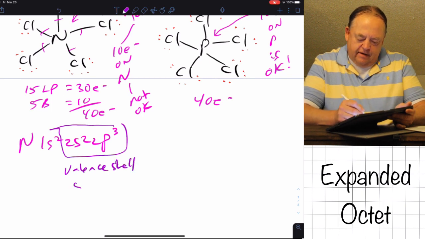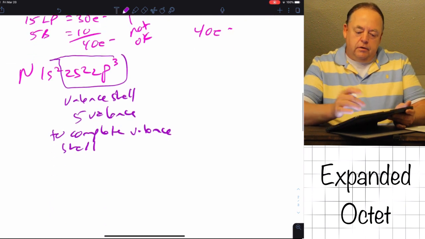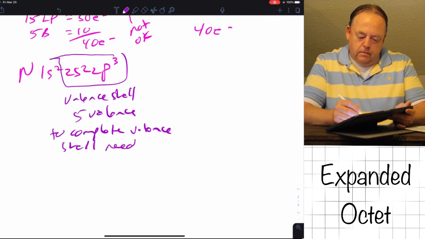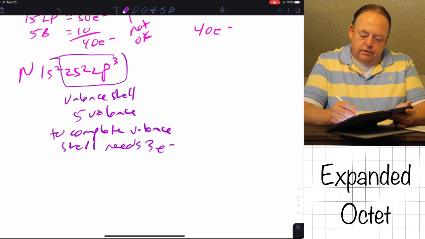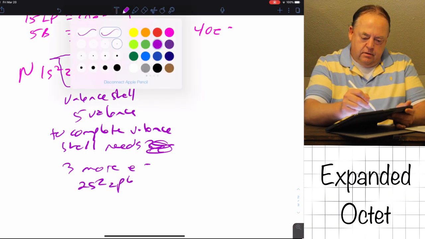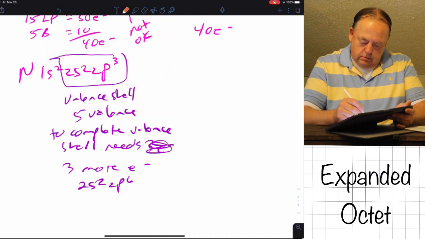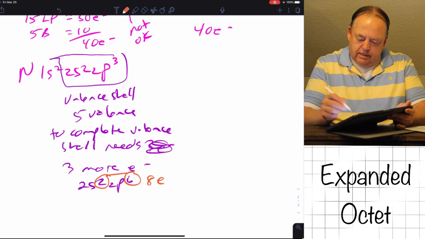So it's got 5 valence electrons, and to complete its valence shell, it needs 3 more electrons to become 2s2, 2p6, and that would be 8 electrons.